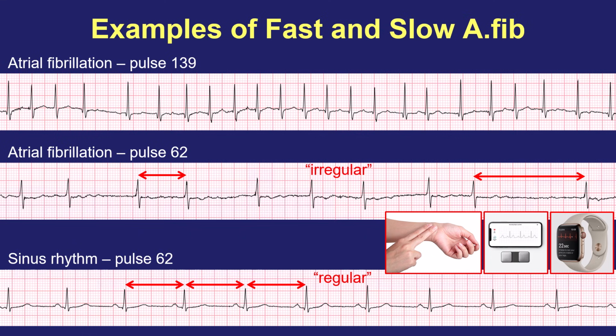Now, you can also have early extra beats, and if they come frequently enough, even if you're in normal rhythm, it can fool these types of devices into thinking that you're having atrial fibrillation, so it may report possible A.Fib or something of that sort, but an EKG can always tell your doctor what rhythm you're in.